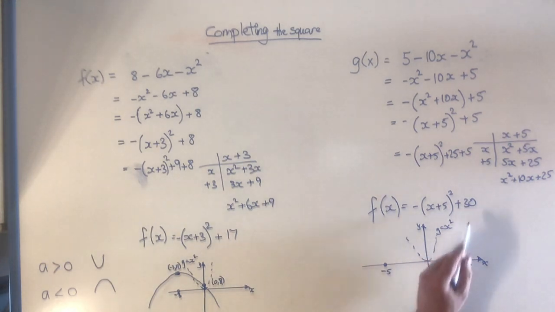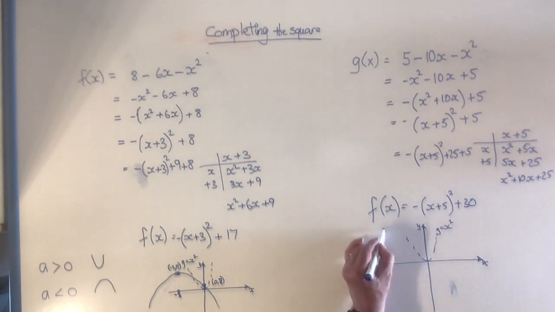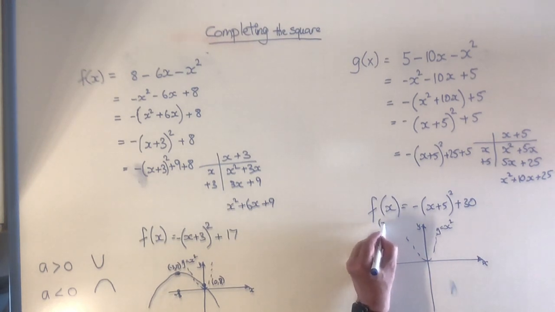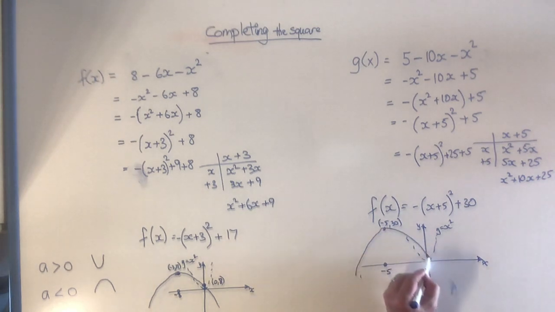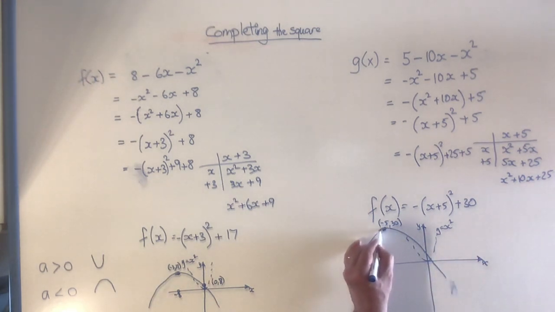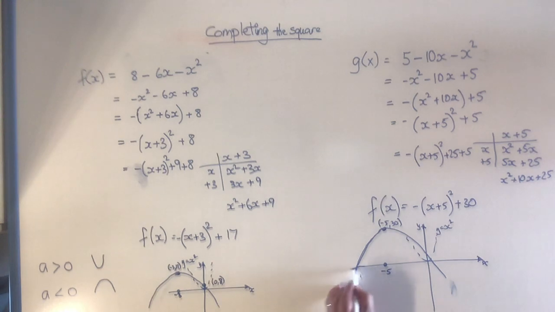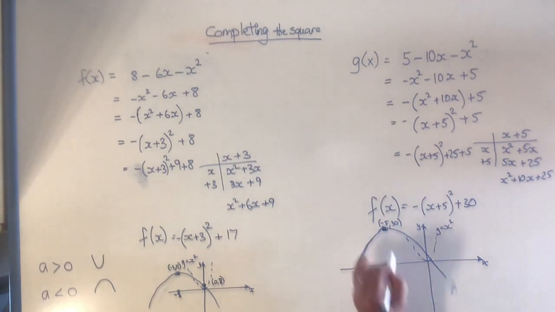And the 30 tells us it's going to move up 30 to about here. So that turning point's a maximum turning point of (minus 5, 30). And it's a sad face, so it's going to go something like that.